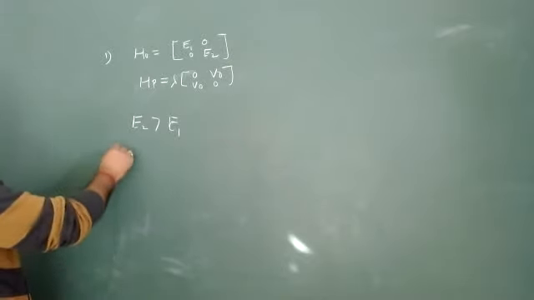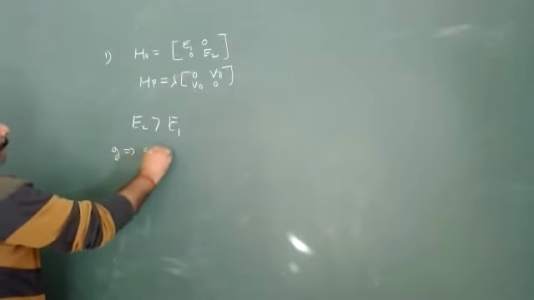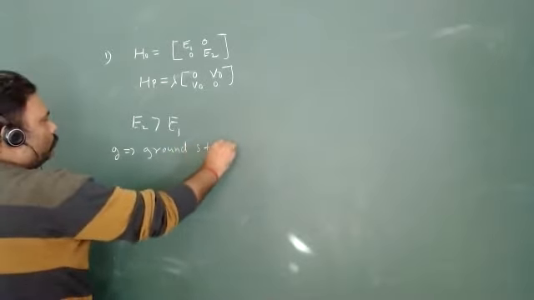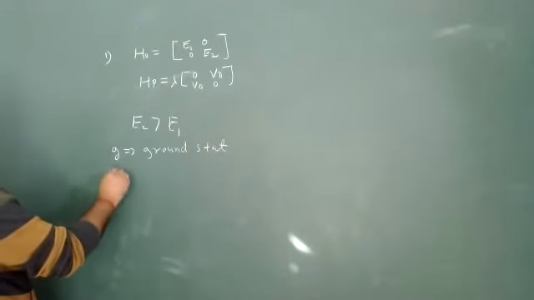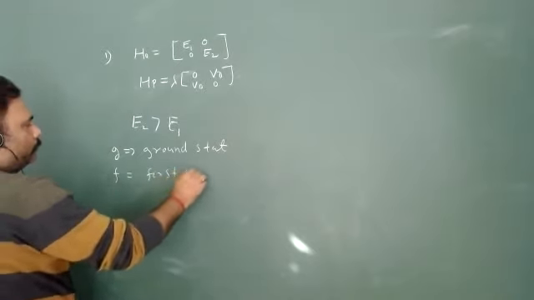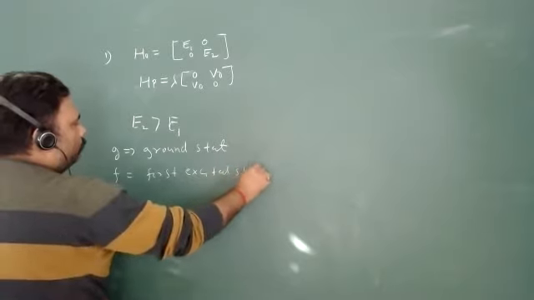So G is for the ground state. And F is for the first excited state.